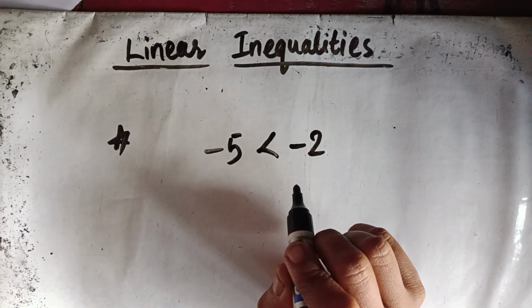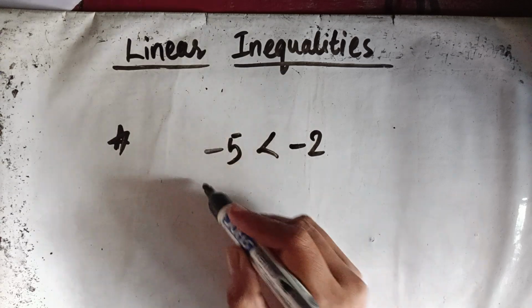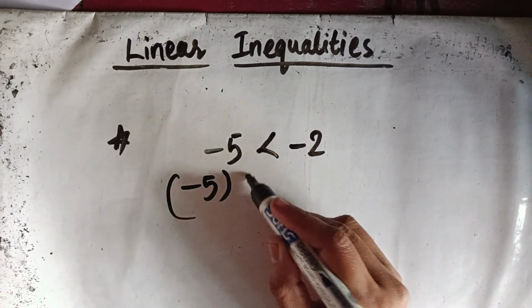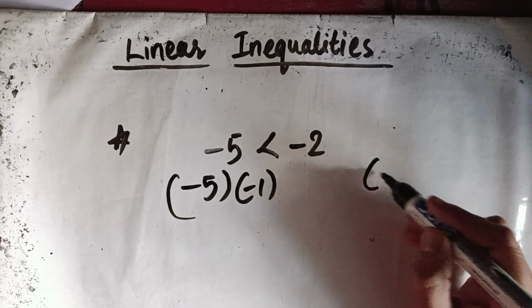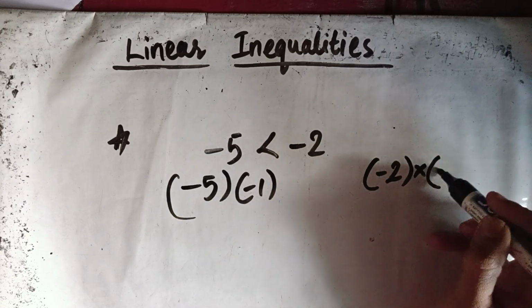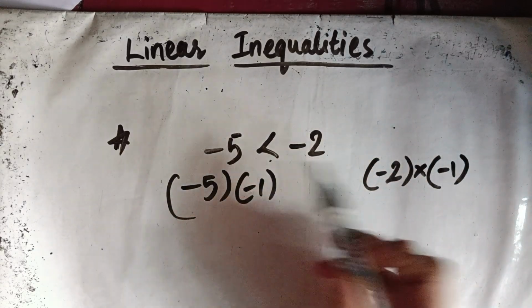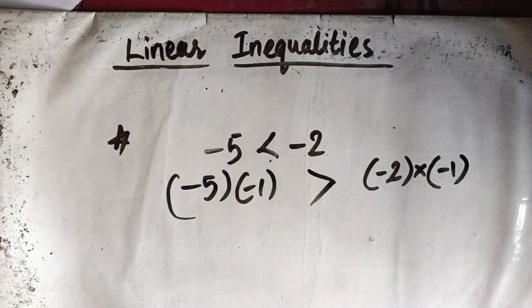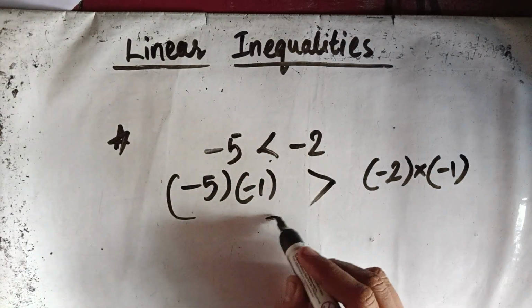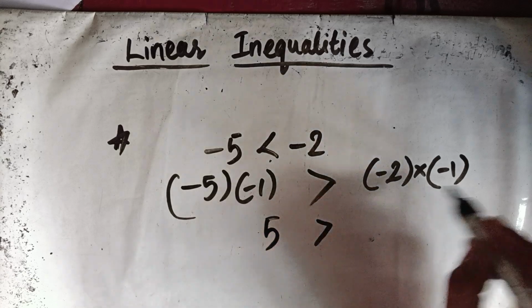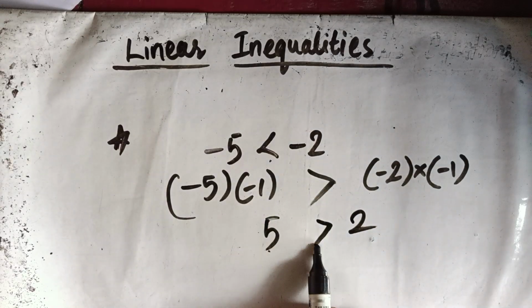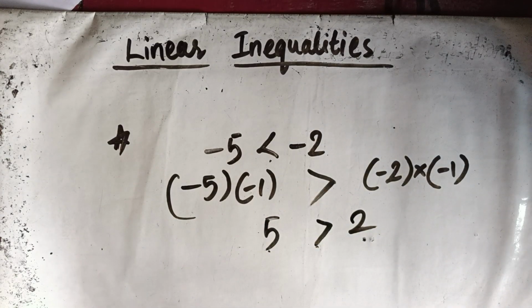I am multiplying by a negative number on both the sides, then this inequality becomes greater than, because this will be 5 and this will be 2, and 5 is greater than 2, right? So the meaning also changes with the inequality.